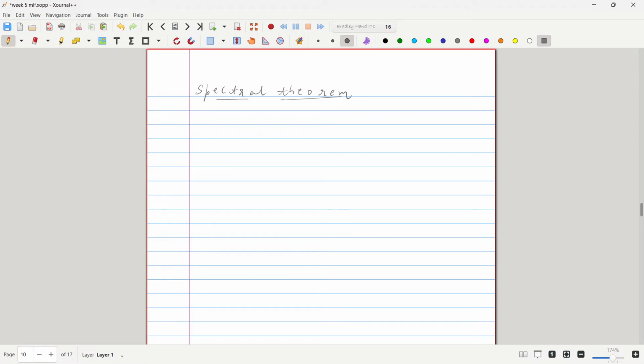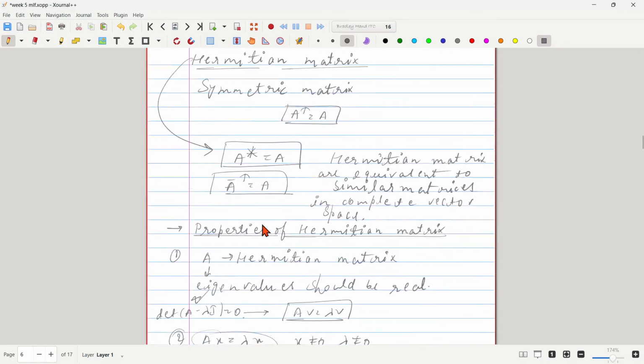So here you have to do the diagonalization of a Hermitian matrix by an orthonormal basis of eigenvectors. This will be represented as A is equal to Q D Q transpose, where D will be your same diagonal matrix containing the eigenvalues of A, and Q consists of eigenvectors. So that was the theory of week 5.